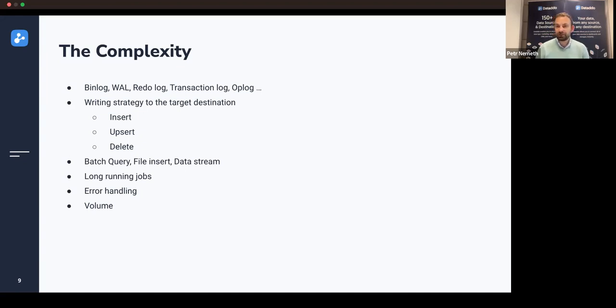Each of that requires a completely different approach. Whether you will use a batch insert, whether you will use a load from file, whether you will use data streaming, each of those has its own technology trade-offs and its own way to approach the technology correctly.